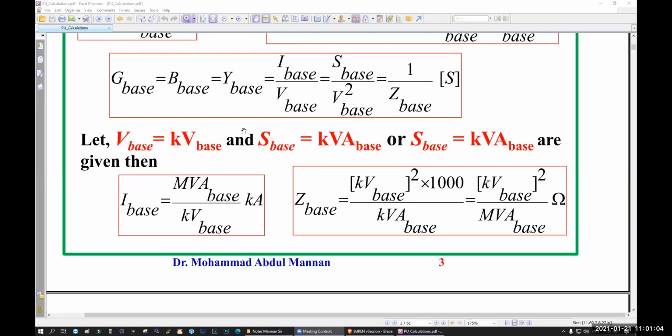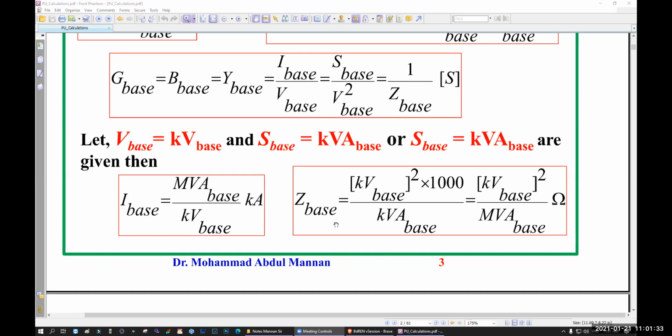If you memorize, I am 100% sure you will forget this, because I learned this twice, once when I was studying my BSc, then again in my masters. But yet I forget sometimes. If you ask me the formula of Z base, I will never be able to tell, but I can write it because I know the concept.